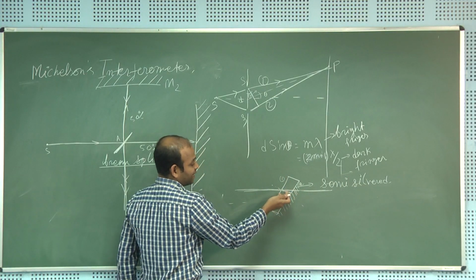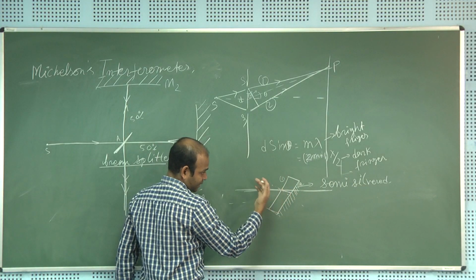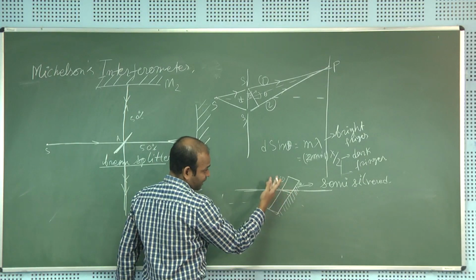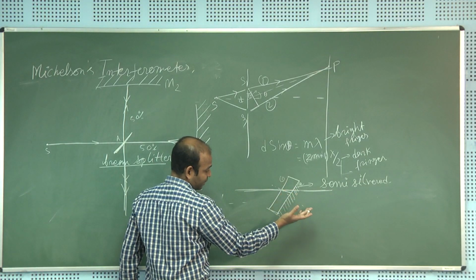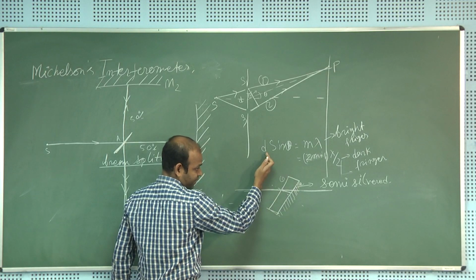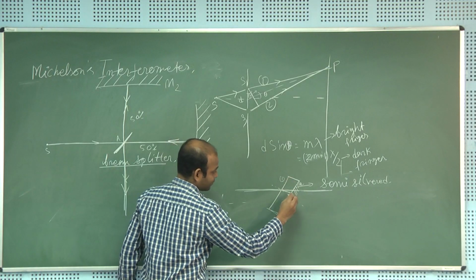Reflectivity means that if I shine light with an intensity of 100 units, I will get 50% reflected and 50% transmitted.